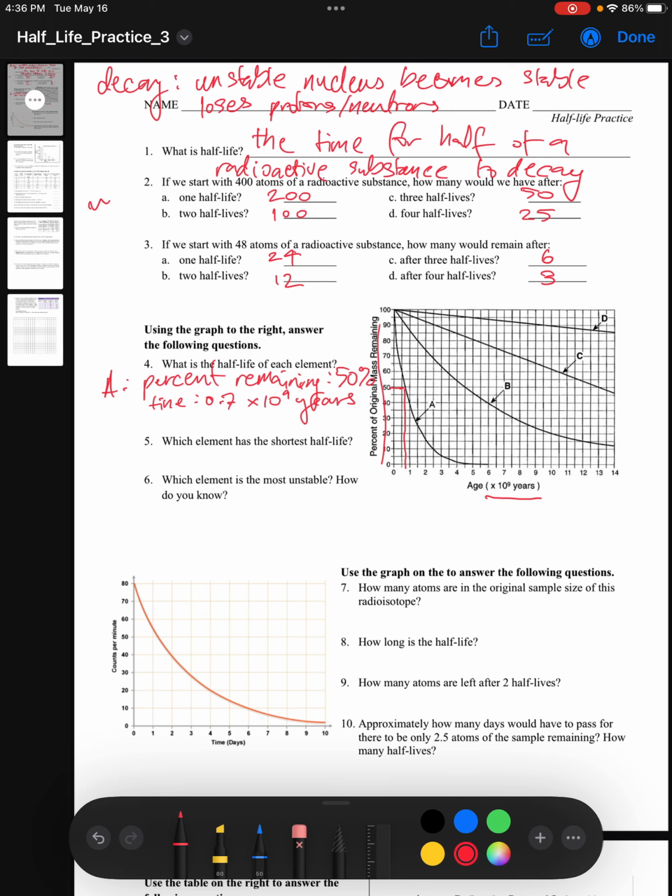What is the half-life of element B? Again, the percent remaining is 50%. When the percent remaining for B is 50%, what is the time that it takes for element B to decay to 50% remaining? It is 4.5 times 10 to the power of 9 years.